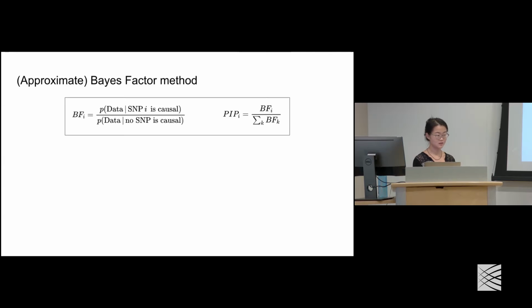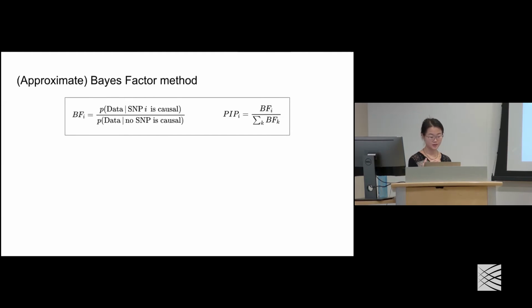Your Bayes factor for SNP i would be either 10 or 100, or it could be thousands. And this is the quantity that this method uses because it's pretty easy to compute. You can implement it today with Python in basically 4 lines of code.